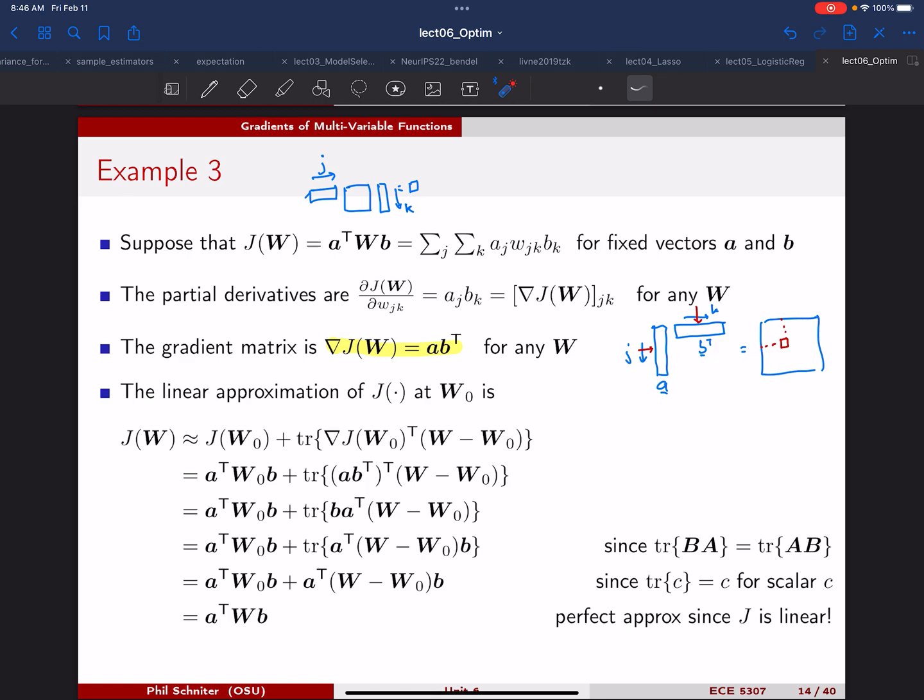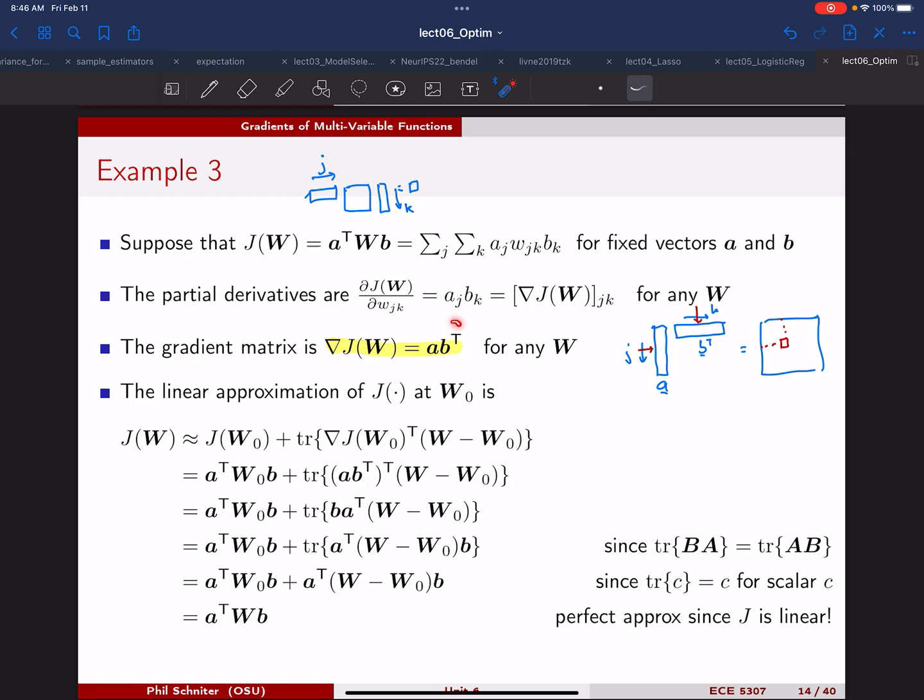So, if we do a linear approximation of this function at a reference point W naught, we know that it always takes the form: the function approximately equal to the function at the reference point plus the trace of the gradient transposed times the difference from the reference point. So now we can plug in the gradient transposed.